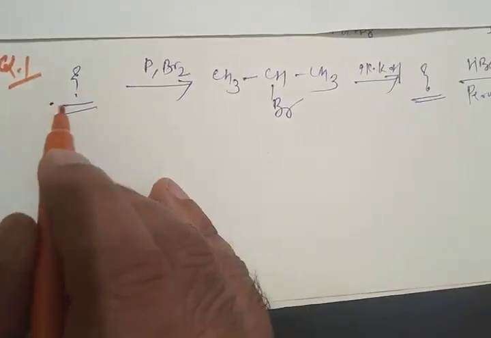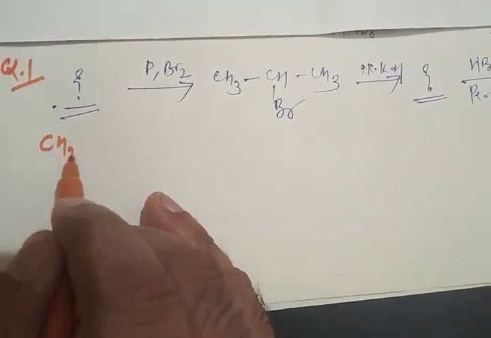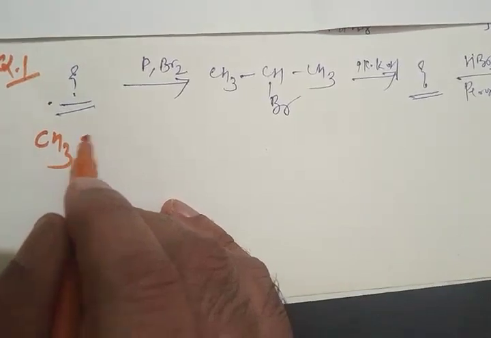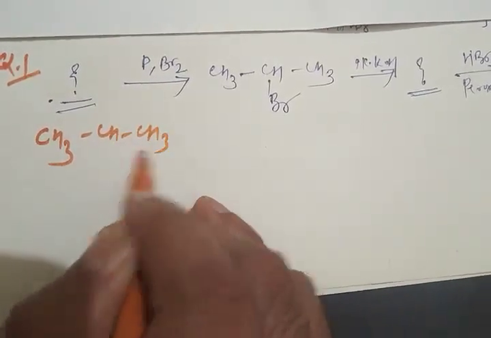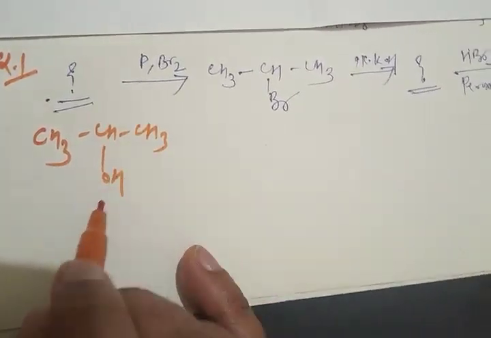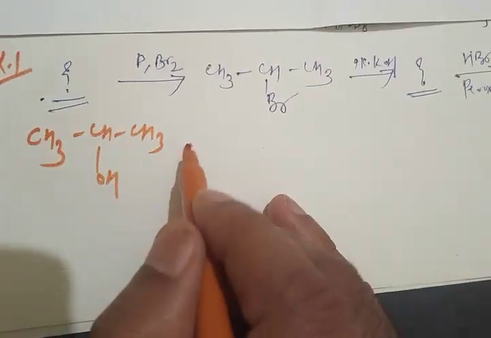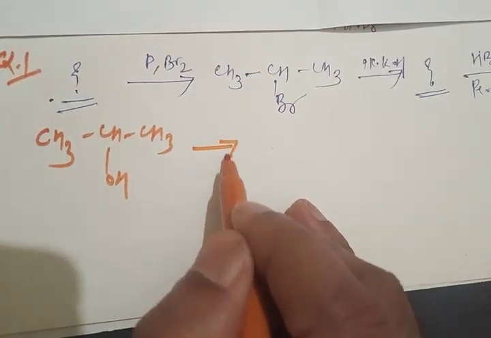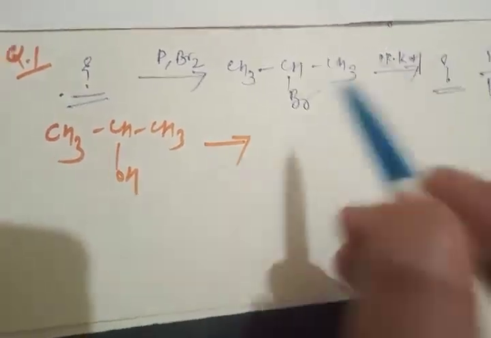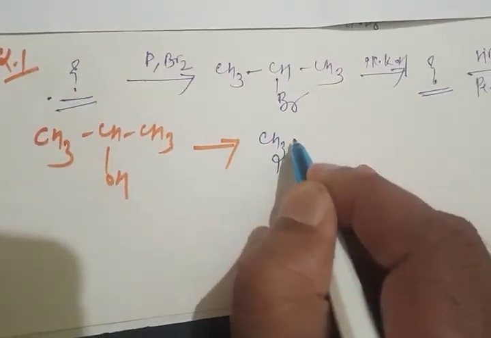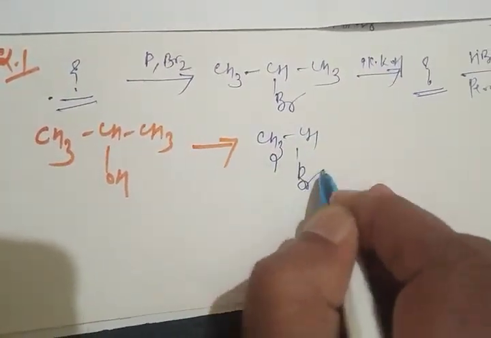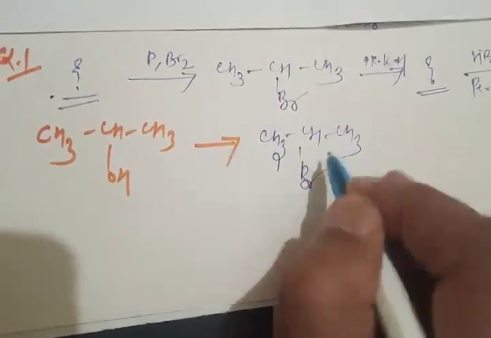So here we need to write CH3, then CH3, and this is the OH. This OH will be substituted with this bromine, so this will give you CH3 CHBr CH3 with PBr2.